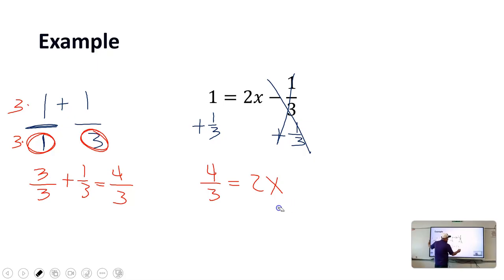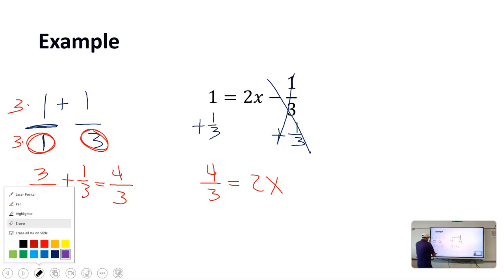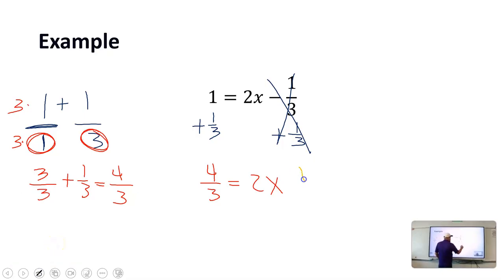So instead of dividing both sides by 2, I'm just going to multiply by the reciprocal. If I had the number 2 and I flipped it over, it would end up being 1/2. So we're going to times this by the reciprocal, and the 1/2 and the 2 cancel each other out.